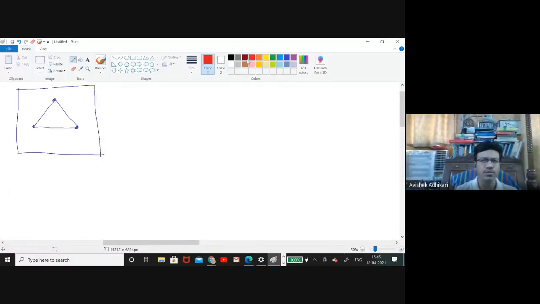And let us try to write the names. Suppose I have written 1, 2, 3, and suppose I have cut out this portion of the cake. If I lift it out, then there will be a gap, a hole here.